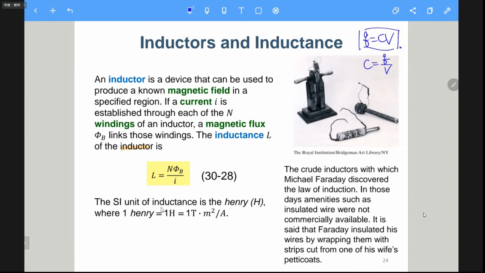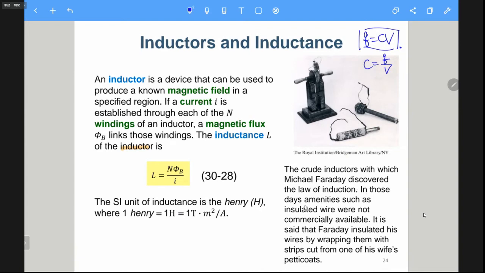The SI unit for the inductance is Henry, H. So 1 Henry is this one. And this is the crude inductor with which Michael Faraday discovered the law of induction, in the Royal Institution.